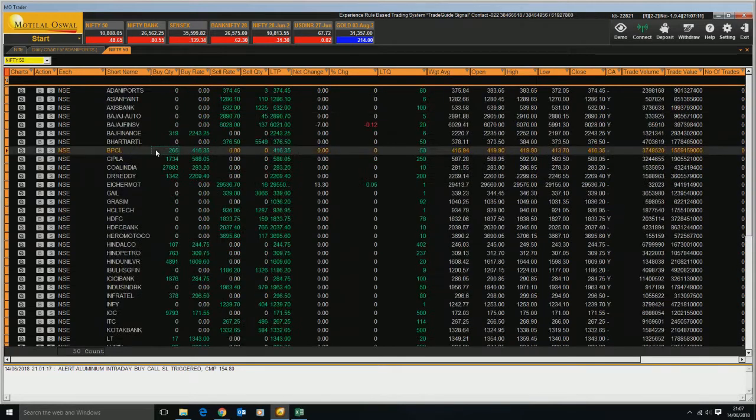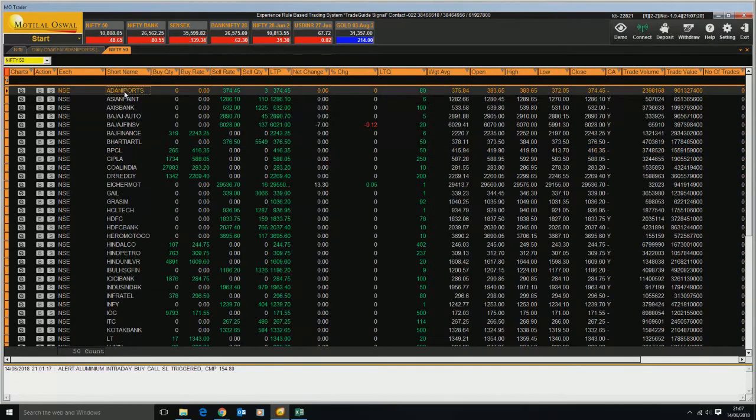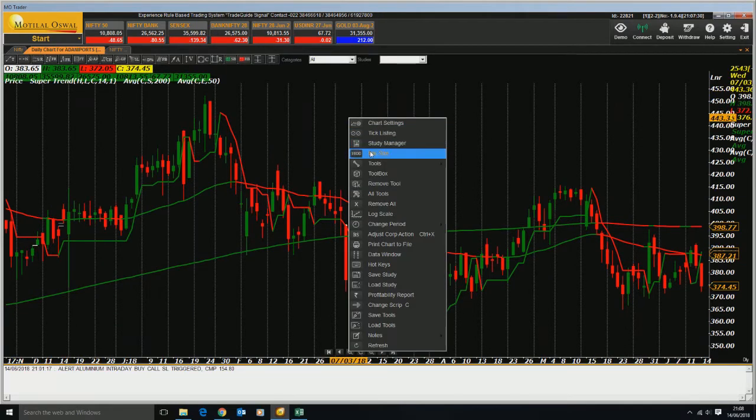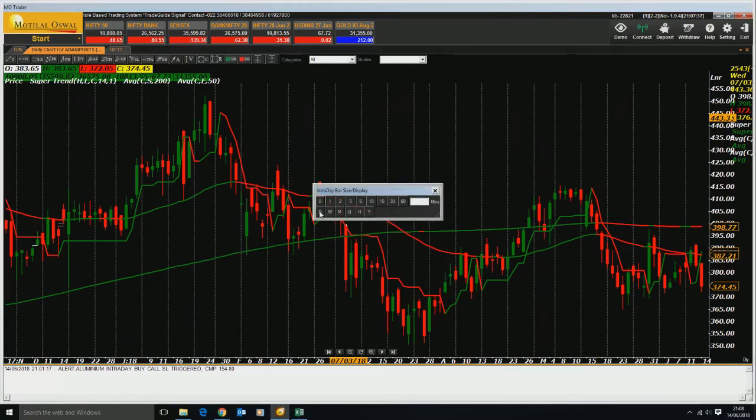As I said, we will use a very simple system first. So say first is Adani Ports. I click on charts of Adani Ports here, and you can right click and put study manager, or first set the bar size and go for daily.